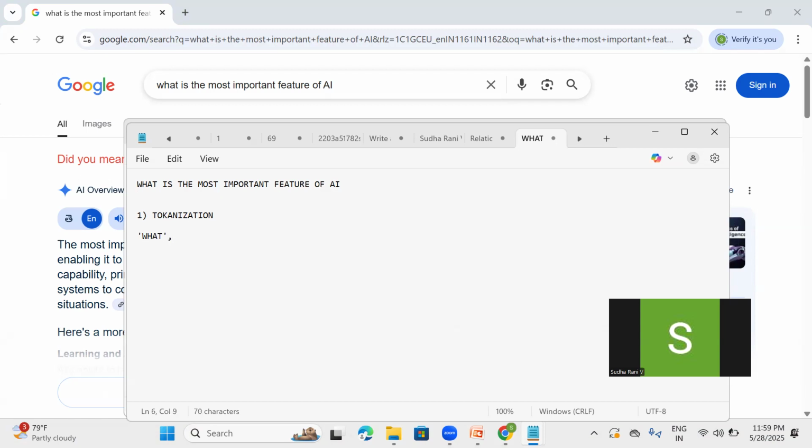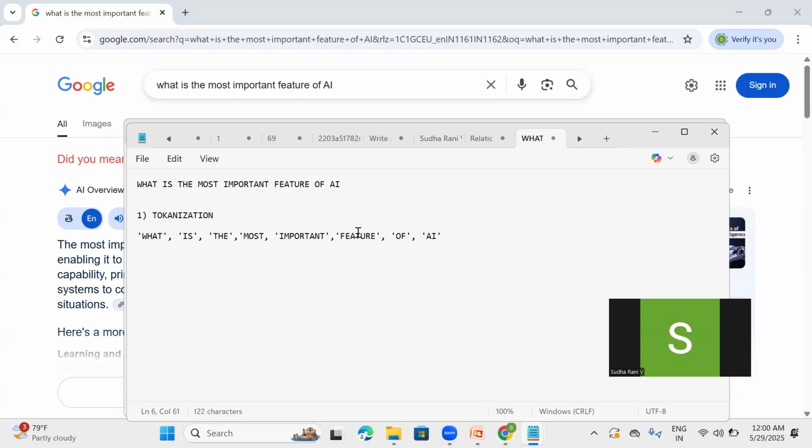Now let's see how it is going to tokenize. What is the most important feature of AI?